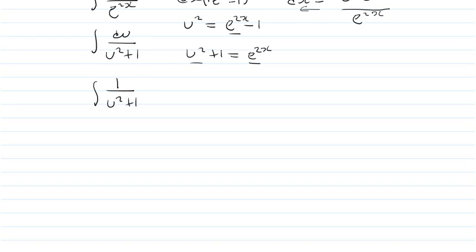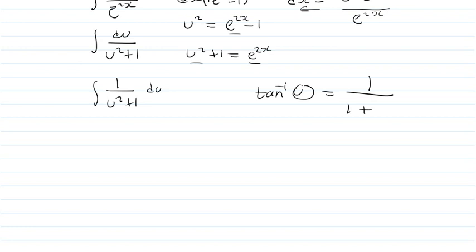You will notice that this comes from the differentiation of tan inverse of u. Whenever you are differentiating arctan, the differentiation of arctan u with respect to u is going to be 1 over 1 plus u squared.